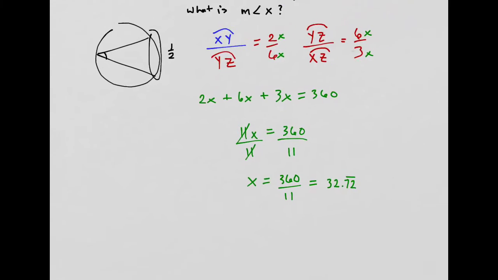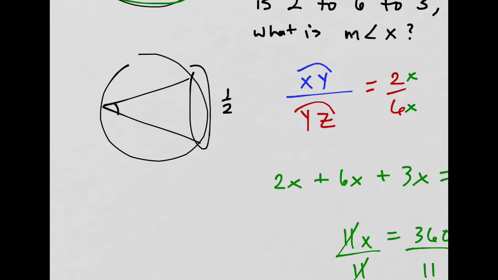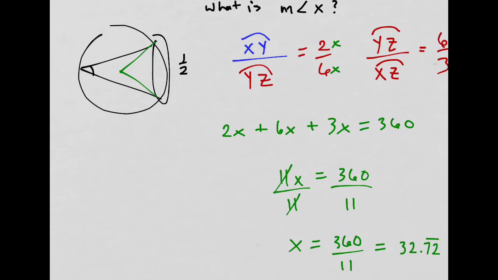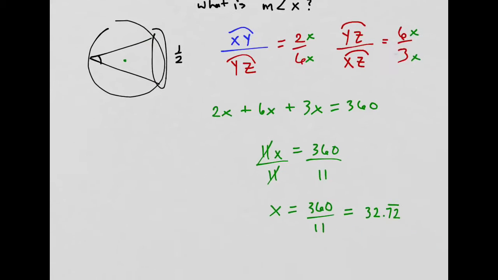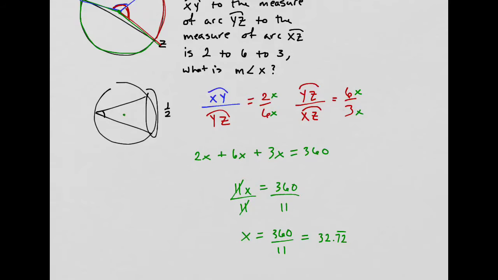Great. Now I have, so that's the measure of this arc. Oh, no, that's not the measure of that arc. Is it not? It is not. I know what x is, so I know what to unreduce by.